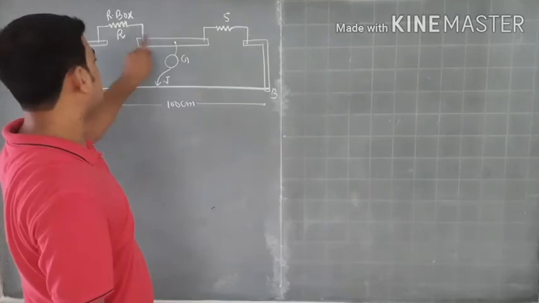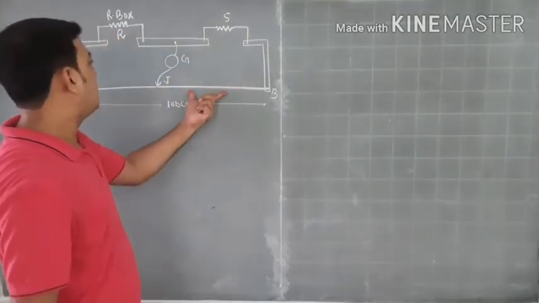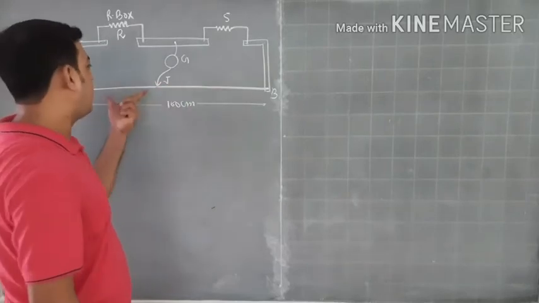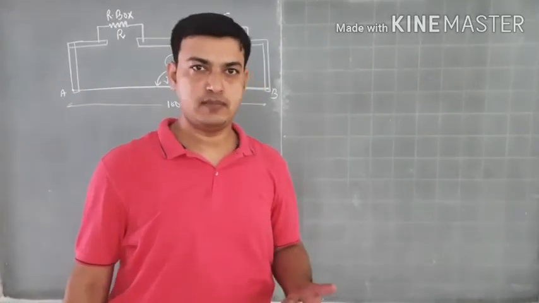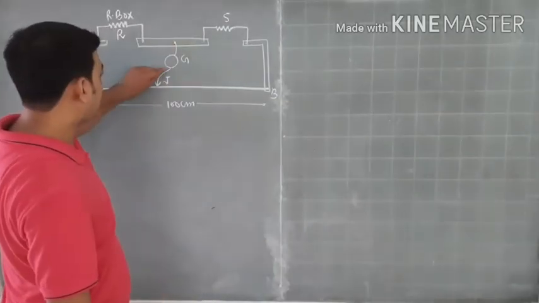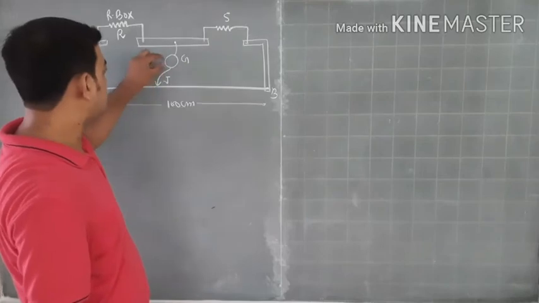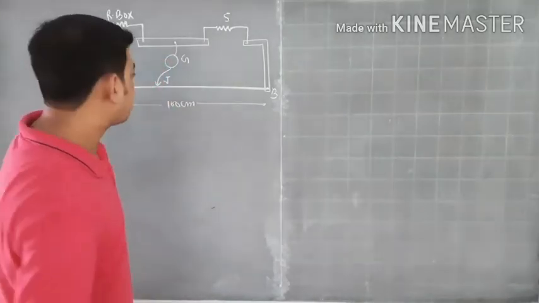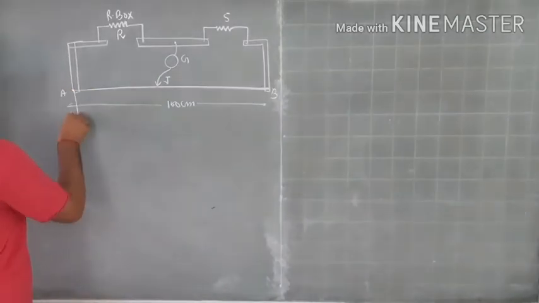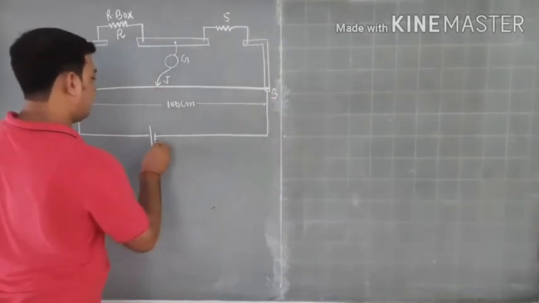One applied from the resistance box, one is the unknown resistance X, and the parts of this wire give two different resistances. So we basically have four resistances. This is the first, second, this is third, this is fourth, and this is the diagonal. So the galvanometer is connected in the diagonal, and I will supply the current in this circuit with the help of a battery.